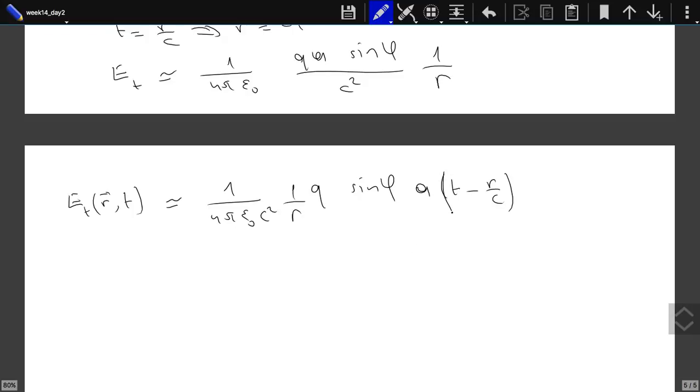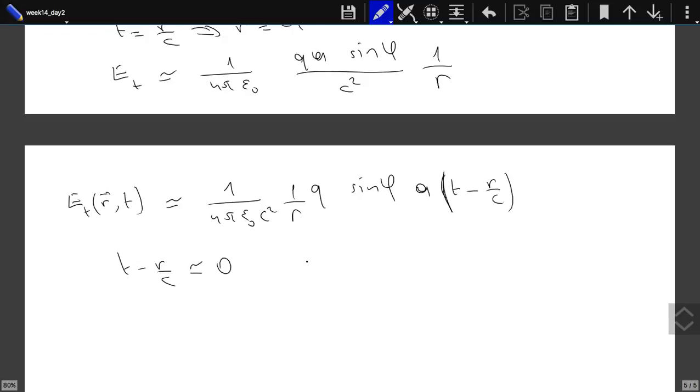If I have an acceleration only at time t equal to 0, then the acceleration is non-zero only if t minus r over c is approximately 0.